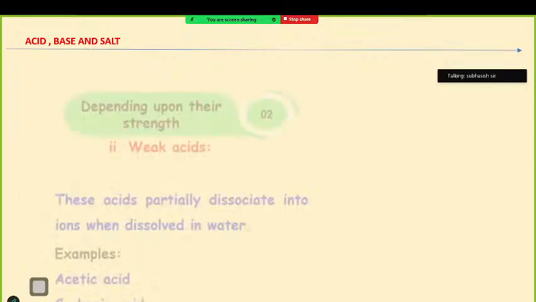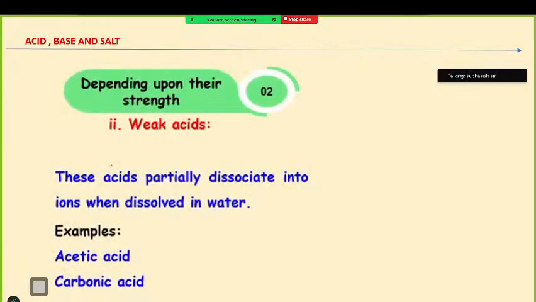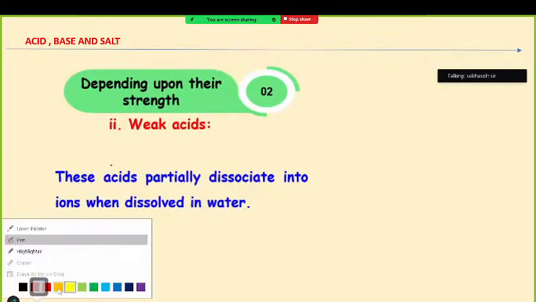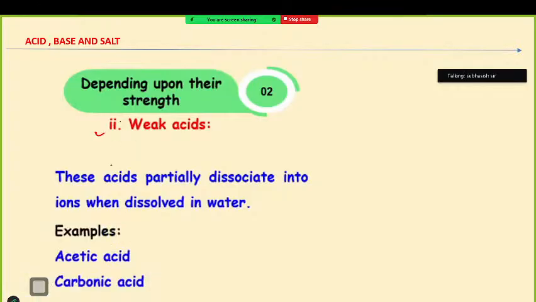Now, weak acid. Some acids are considered as weak acids. Weak acid means they incompletely dissociate to give H plus ions when dissolved in water. Suppose acetic acid. Acetic acid is considered a weak acid because when it dissociates, this process is reversible.